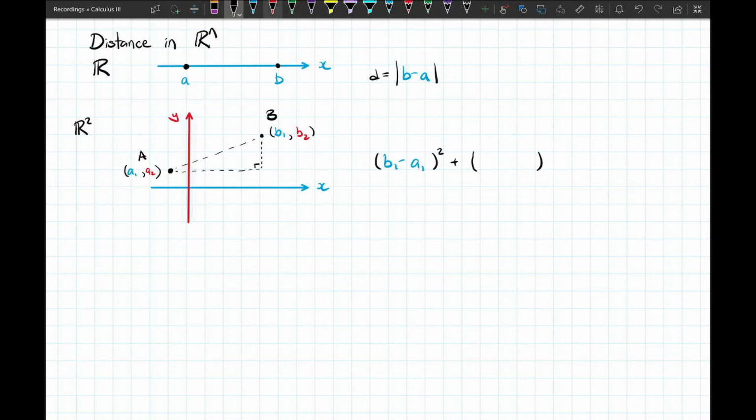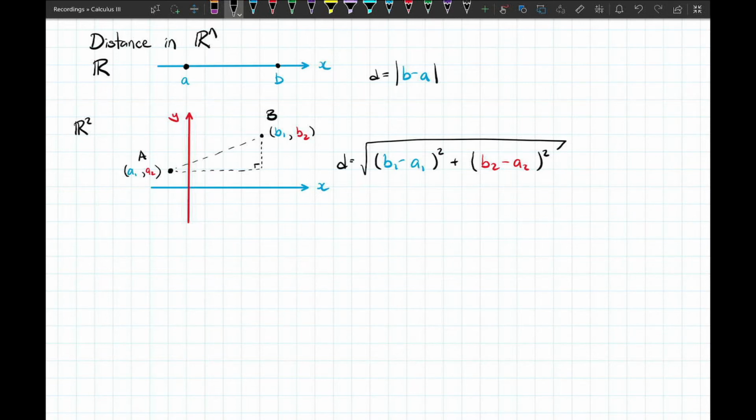Similarly, for our vertical distance, we can just choose b2 minus a2. Whether or not that's positive or negative is okay because it'll be squared when we look for the distance between the 2 points overall. Adding the sum of those squares and square rooting gives us a positive value again for the distance between point capital A and point capital B.